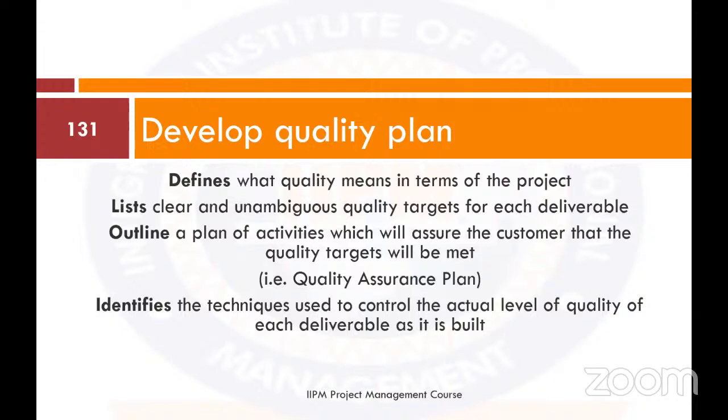So the quality plan tells us how quality assurance will be done, how quality control will be made, tells us what are the proposed inherent characteristics that this product or project is supposed to have. Okay, that's what the quality plan helps us to do.